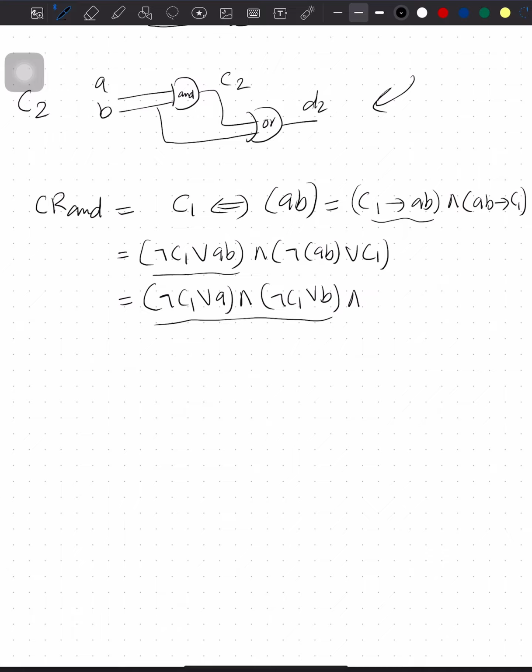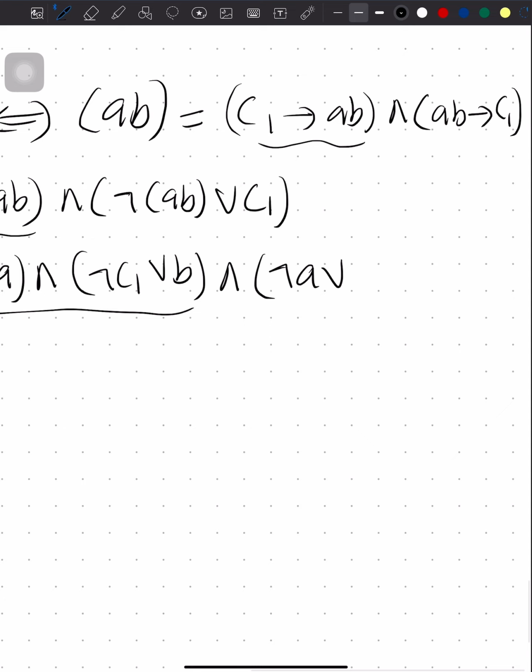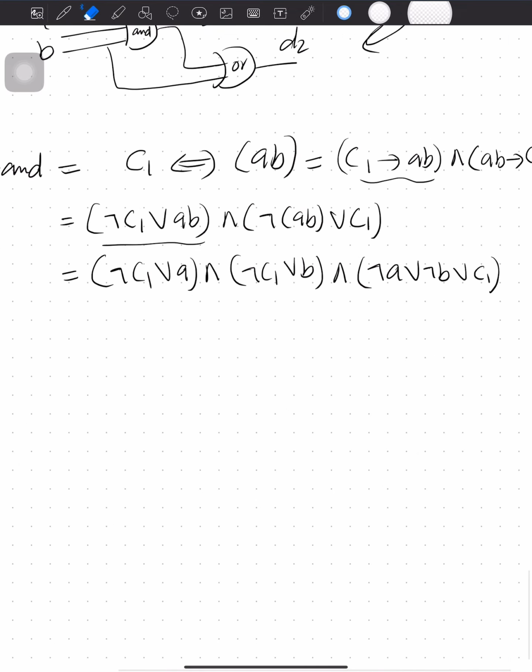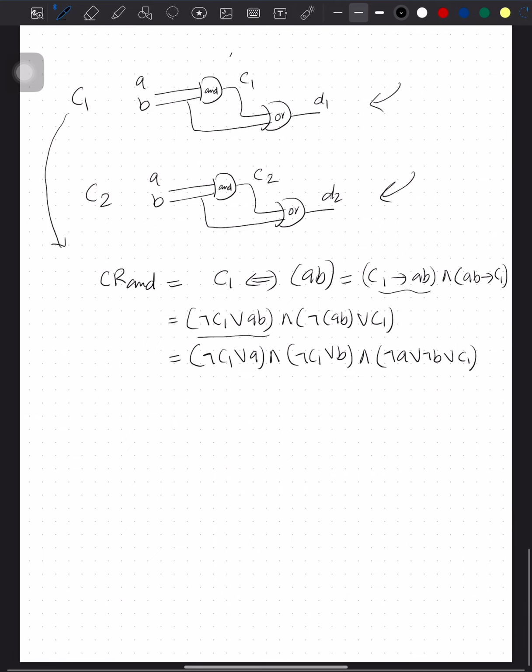And this is ended with not A or not B or C1, where I'm just using De Morgan here. If this is confusing you, please review De Morgan. So that's basically the CNF form characteristic relationship for the first AND here.